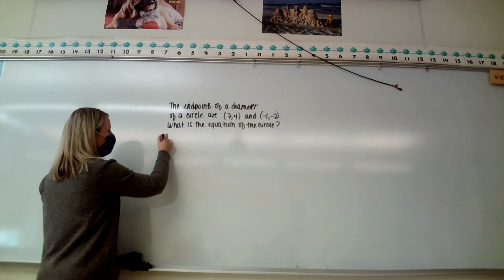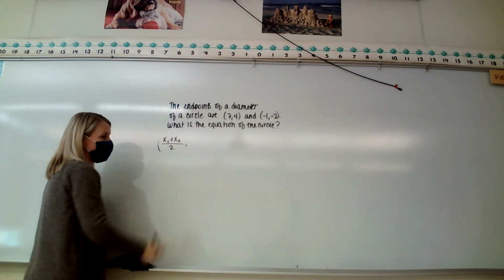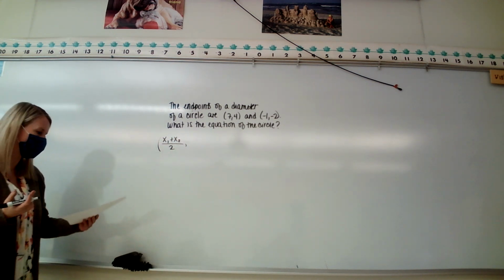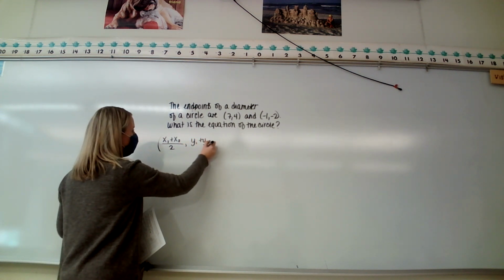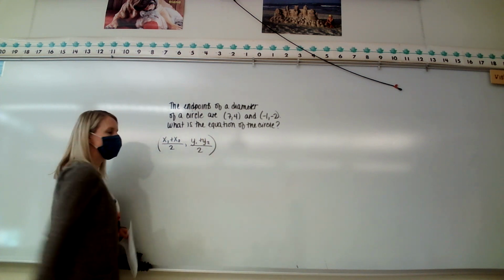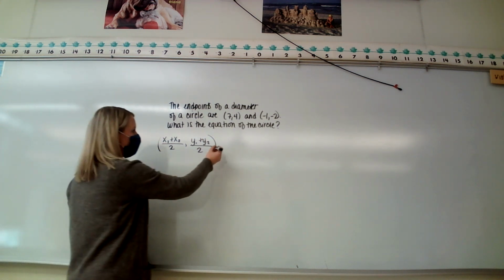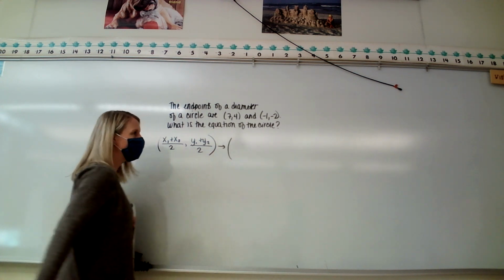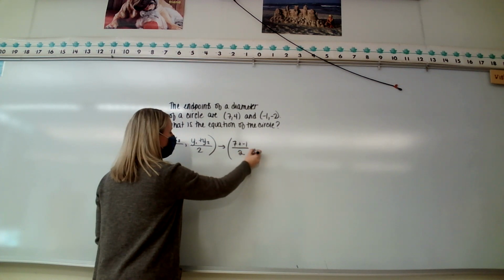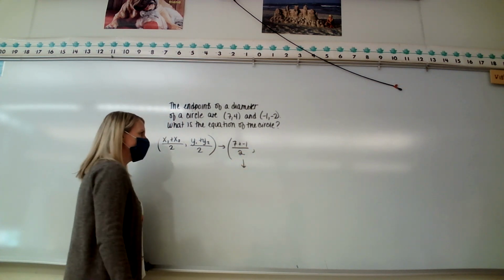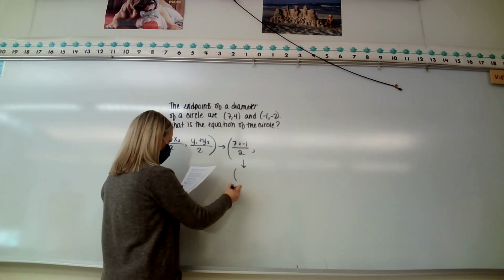It's just x1 plus x2 over 2, once again, the average, you add them up and divide by 2, and then y1 plus y2 over 2. So we're just trying to find the exact middle of those 2 points. So I can do that pretty quickly just by either plugging them in or just doing the average right in my head. So 7 plus negative 1 over 2. Well, 7 plus negative 1 is 6, over 2 is 3.